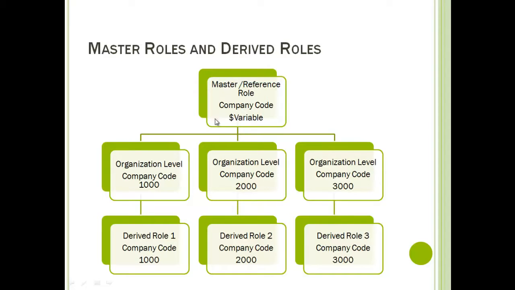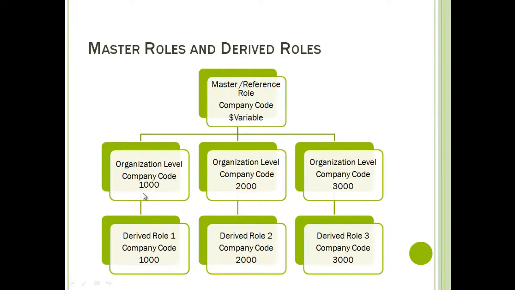Meaning, if we have a collection of authorization objects which we have developed for a specific function or a position, which will have quite a lot of objects, this will remain the same for each derived role. The difference is only the organization levels. In our example we said 1,000, 2,000 and 3,000 with different company codes.